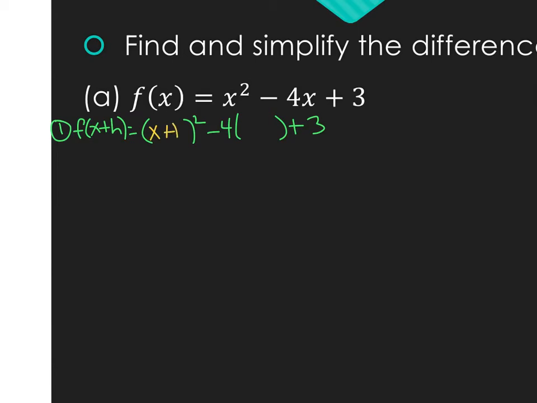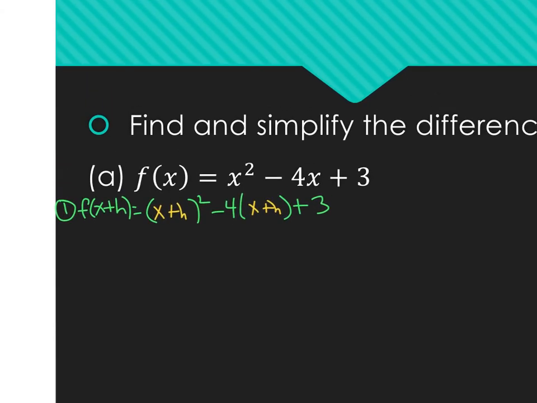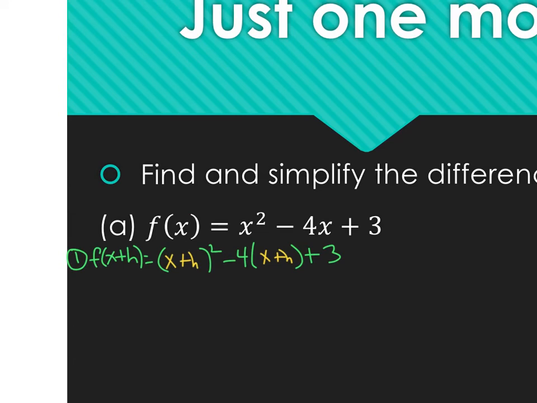Now, to save space, if you want to, off to the side, multiply x plus h with itself. Let's see, x squared plus xh plus hx plus h squared.